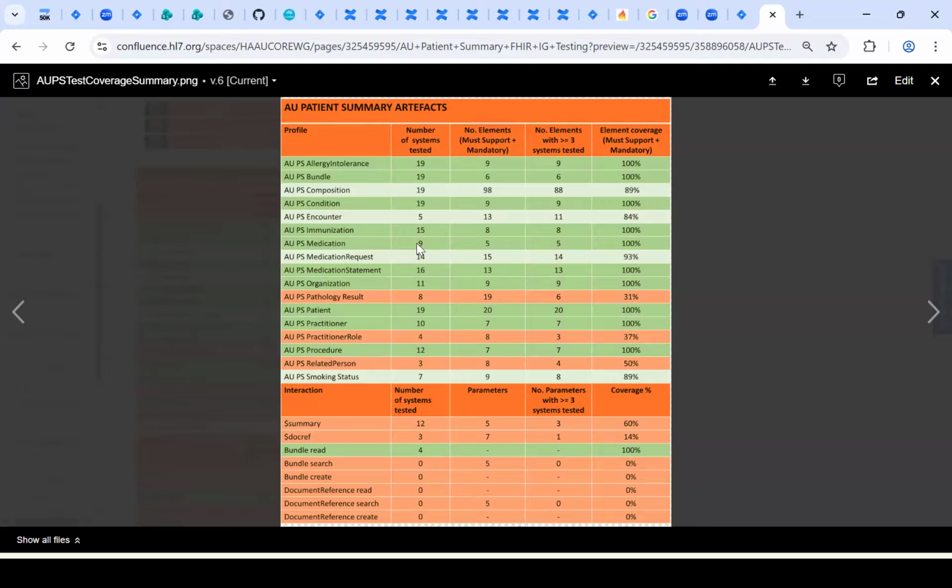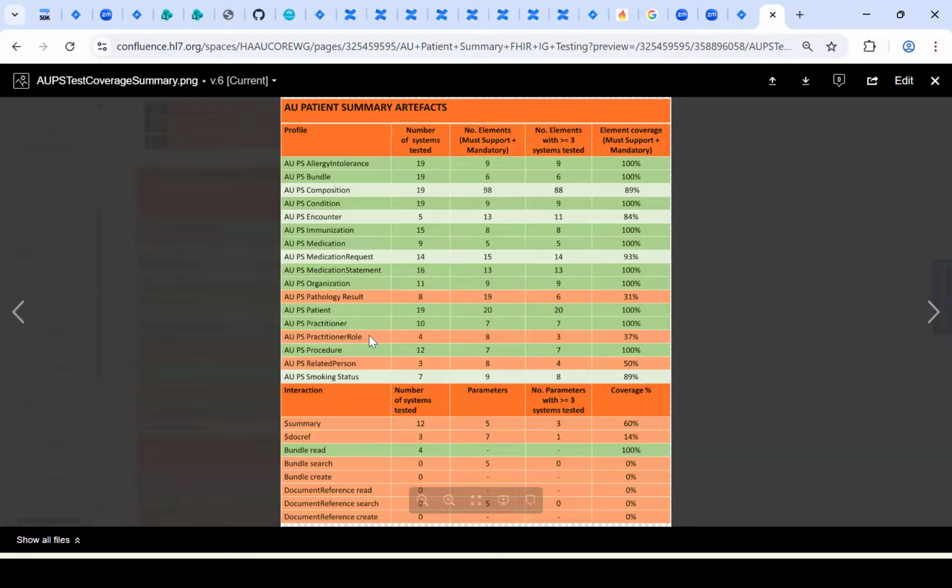Where we don't have it, and this is really interesting to me, is practitioner role. I think I'm going to do a little call out because I actually think some systems have done this, but we maybe weren't checking it at the time. So I'm going to speak to a few people we have results from that I think are testing this and follow up on it.